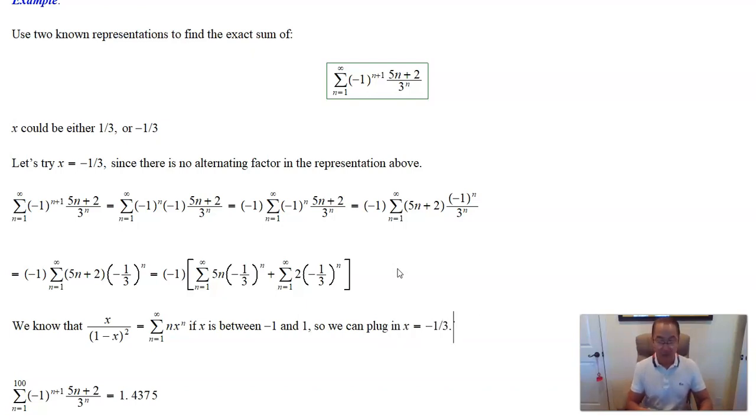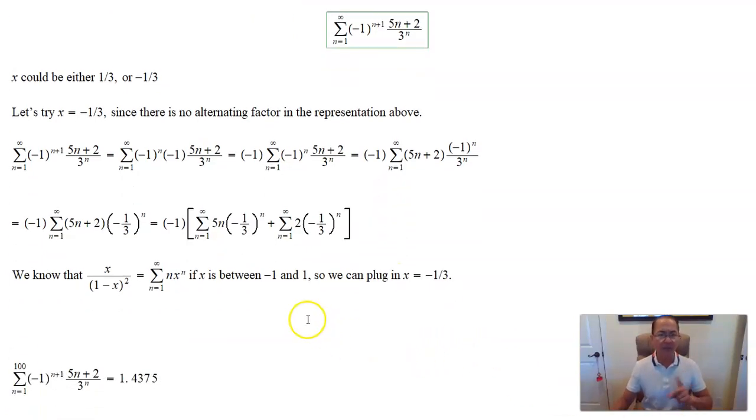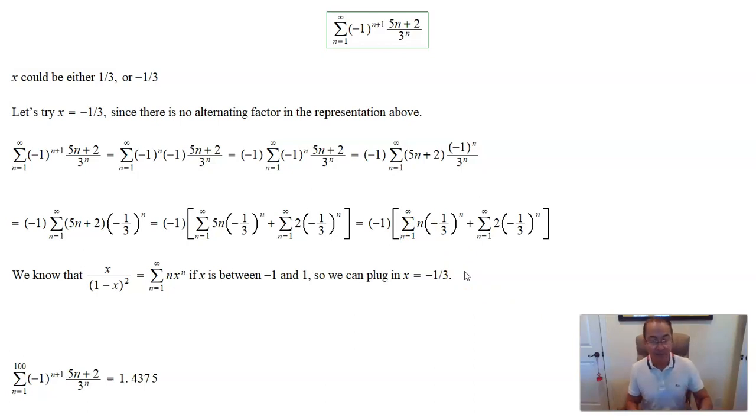All right. So if you do that, then we're going to get, oh, wait a minute. There's a 5 there. So sorry, forgot about that part. We can put the 5 outside, and that is called homogeneity. 5 outside, and we can also put the 2 outside. Homogeneity applied twice. Okay, so now we have nx to the n, where x is minus 1/3.